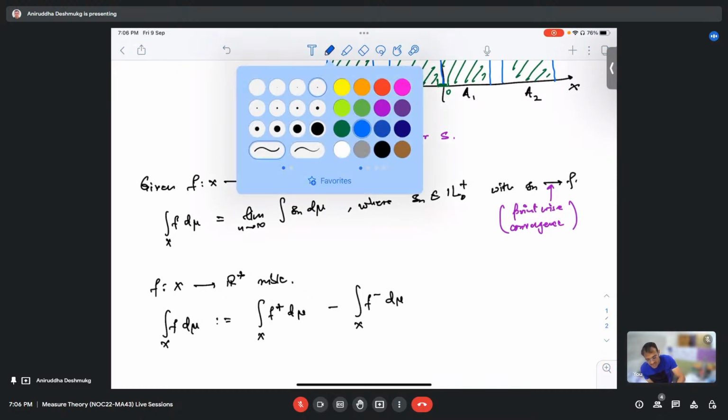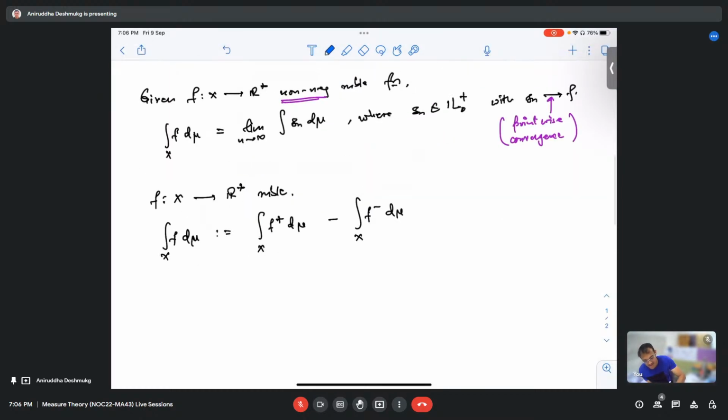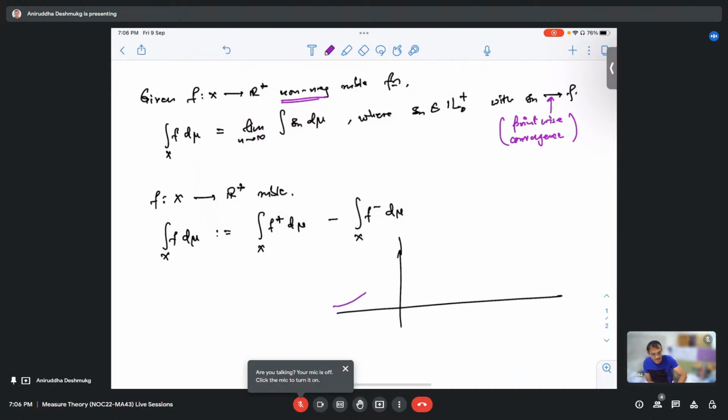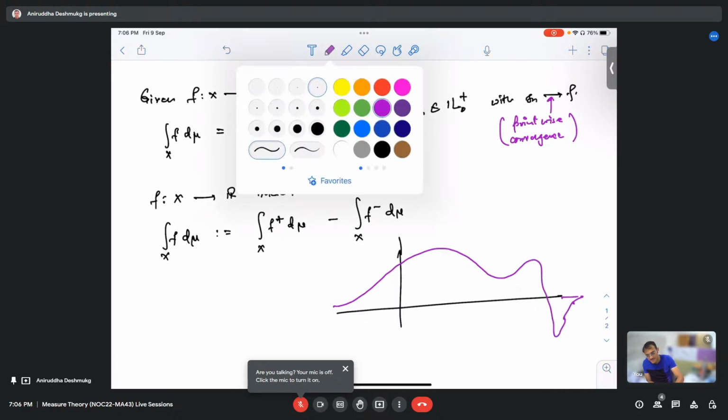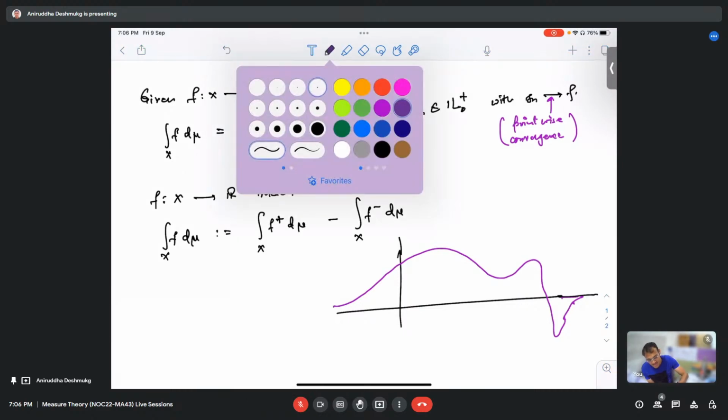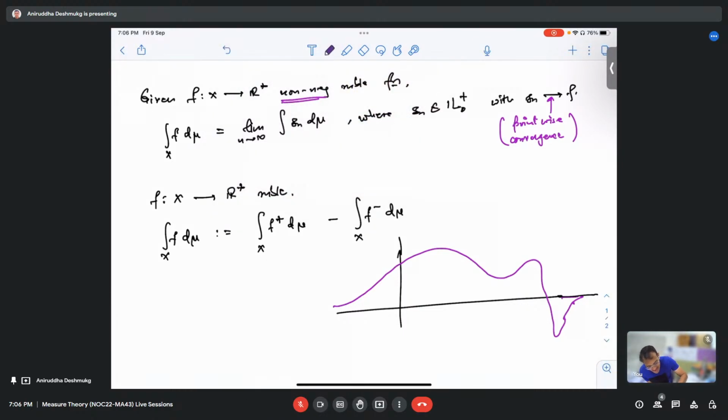Again, this is quite natural. Why? Because let us look at, not simple functions in the sense we have defined, but simple-to-draw functions. Suppose this is our function. Somewhere it goes below. Then what we are essentially doing is to calculate the area under this curve. Let us look at this area.